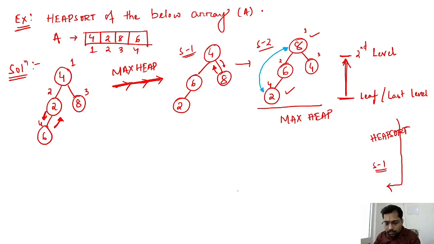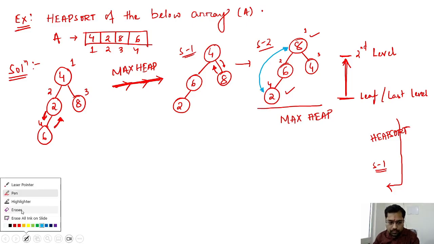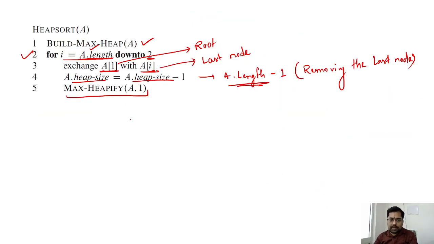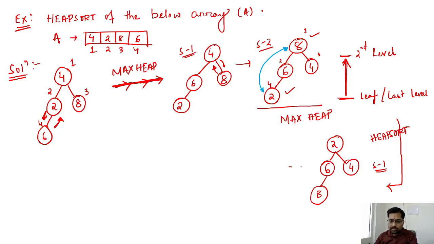The step one we have to write: 2 will be there, 6, then 4, then 8. Now we restart it. Once we exchanged, then heap size equals heap size minus 1, means array length equals array length minus 1. So step 2 says we need to remove.